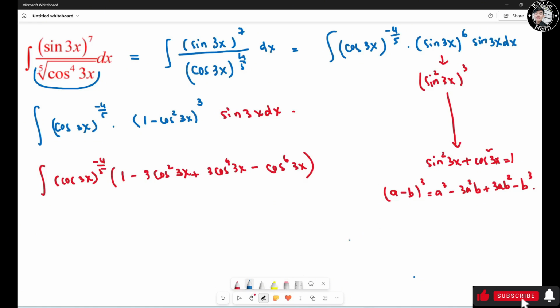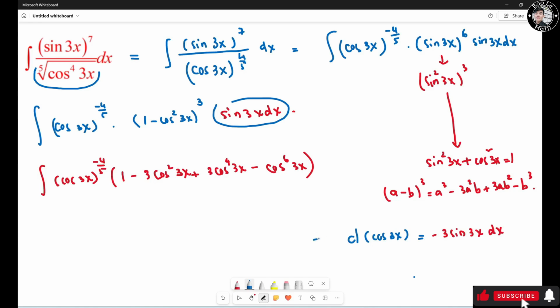Now, if I want to take the derivative of cosine of 3s, what happens? It's going to be negative 3 sine of 3s ds, right? So I look at this one right here. I have sine of 3s ds, so I need to divide both sides by negative 3.